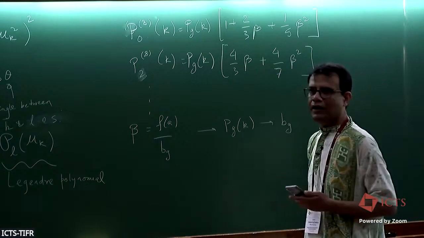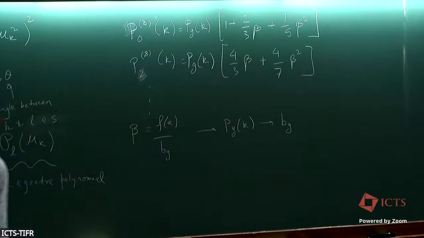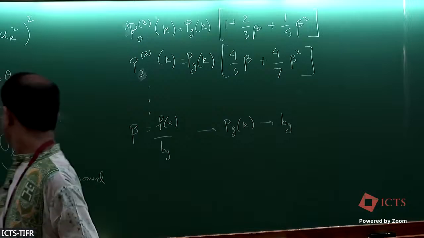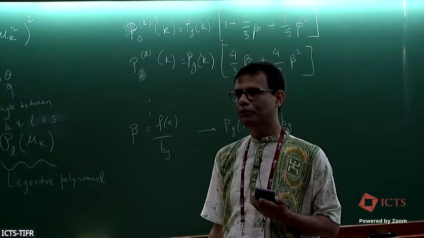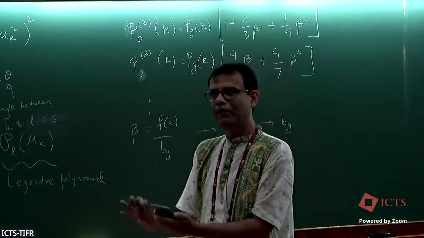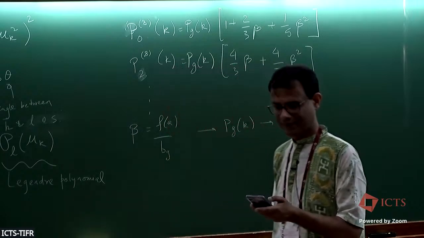So this is often used to get a handle on the value of f of a, and f of a has information about the growth factor. So peculiar velocities can help you calculate the growth factor from observations. Because the growth factor depends on the Hubble parameter and hence the cosmological parameters, you can do cosmology with this.